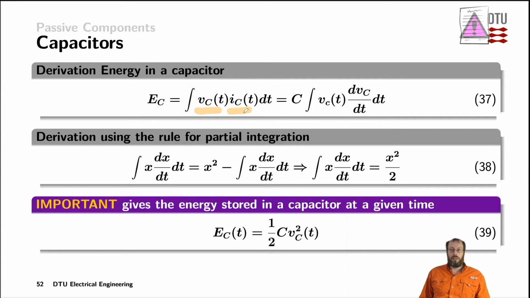Representing the current through the derivative of the voltage and multiplying by the capacitance, which is Ohm's law applied on the capacitor, we end up with the partial integration integral over here, where we have Vc at a specific amount of time times the derivative of the same capacitor voltage Vc.